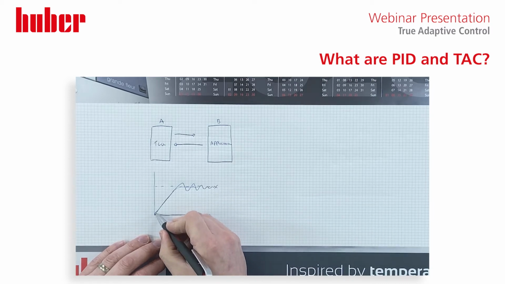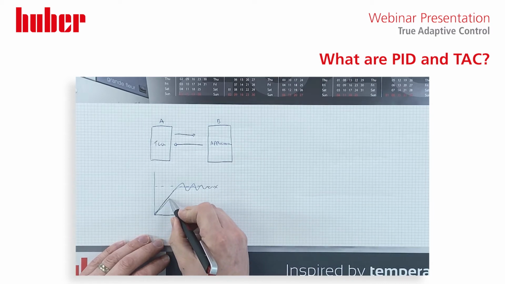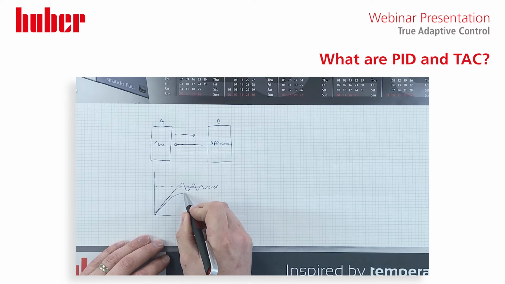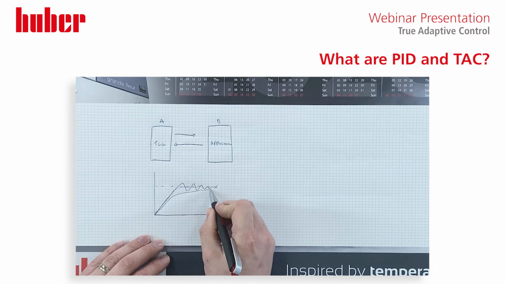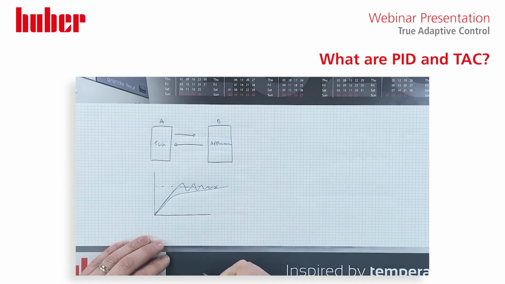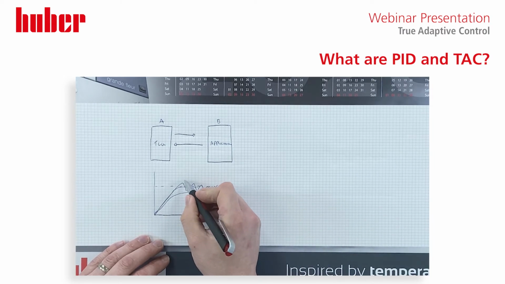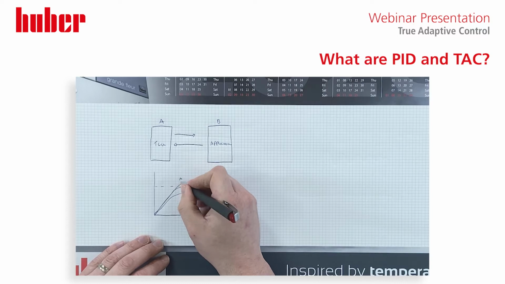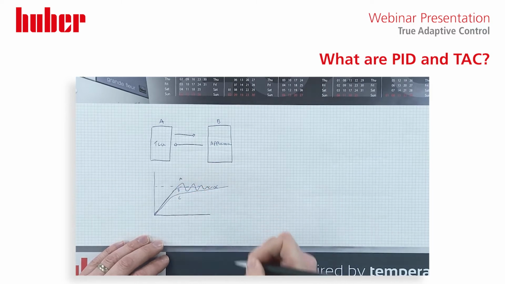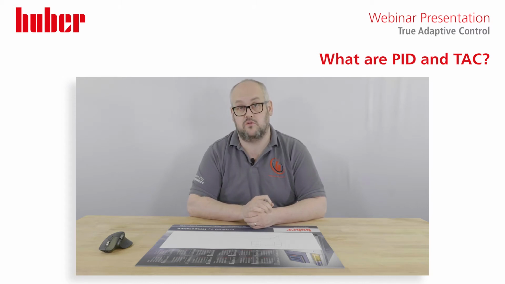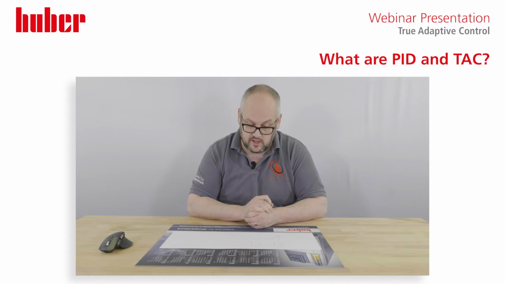Or your unit will react too early and will perhaps never hit your set point. So we've got 3 options here. We've got A, we've got B, and we've got C. This is why we often need to tune applications so that we get the correct temperature control, so that we hit the set point and we hold the set point that people want.